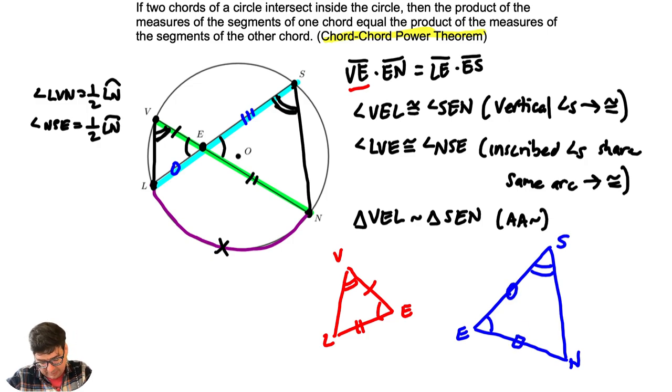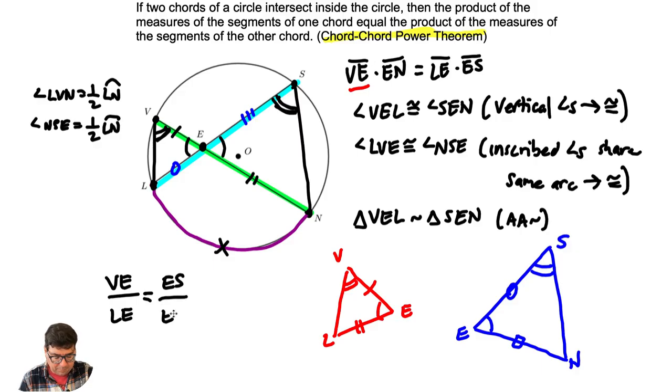Whatever those side lengths are, they're proportional. So now we can write our proportion: the ratio of VE to LE has to be equal to the ratio of ES to EN.